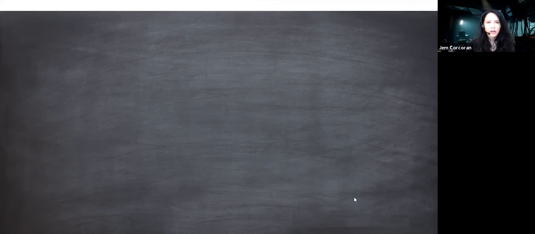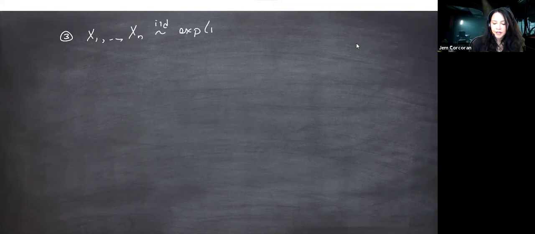So on the homework for problem 3, you are supposed to come up with a confidence interval for lambda based on the sample mean. And it says to leave the results in terms of a chi-squared critical value.